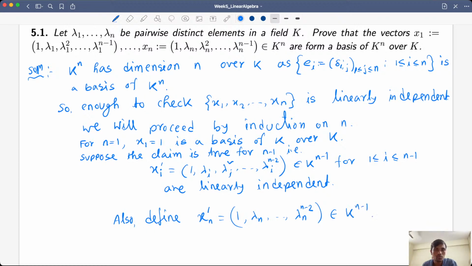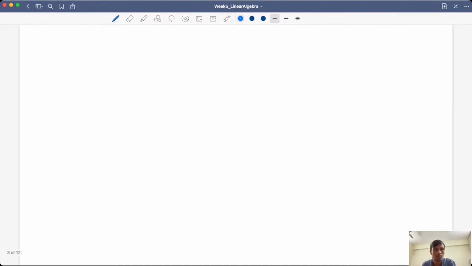Now to show this, go back to the linear relation for the n elements x1, x2, up to xn.